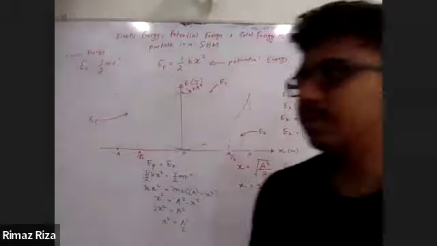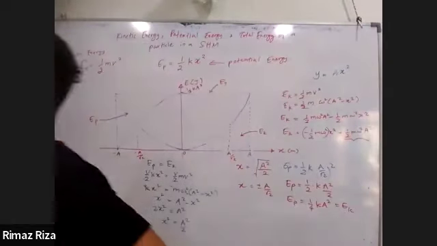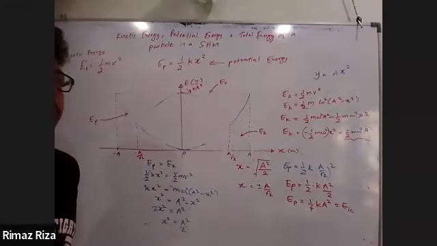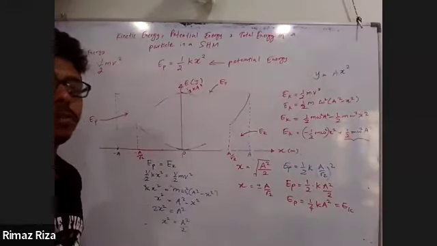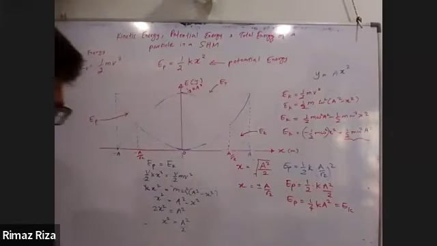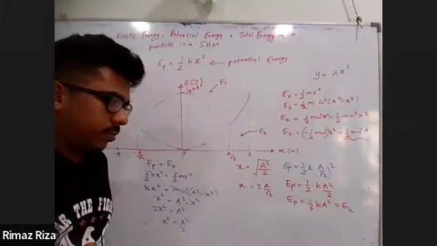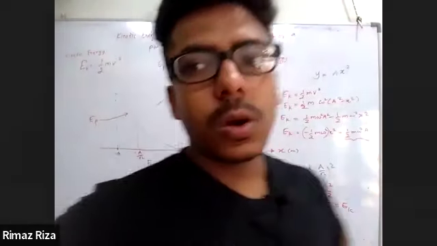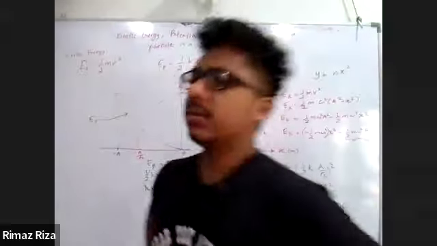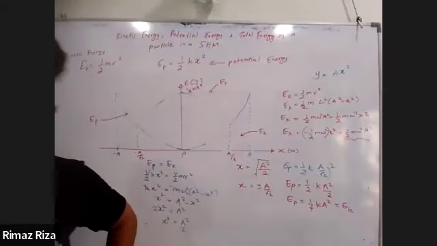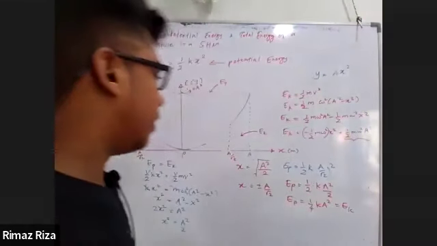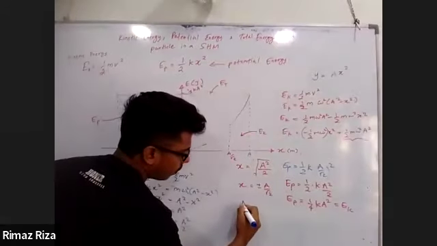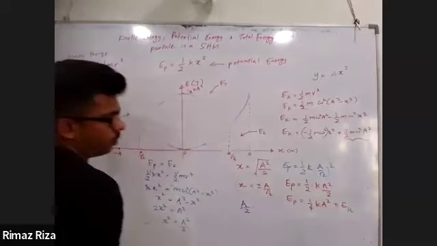Second question, next question. Find the kinetic energy and potential energy of a particle in simple harmonic motion at a displacement of a over 2.